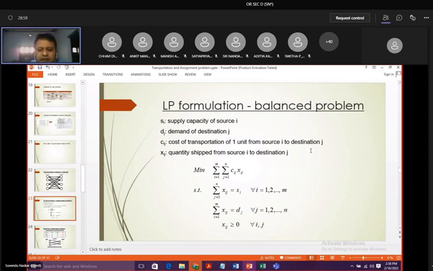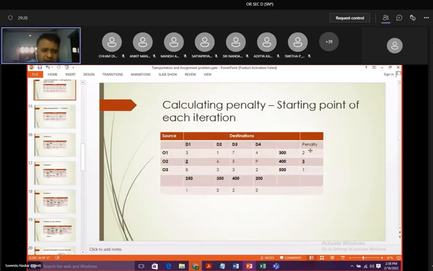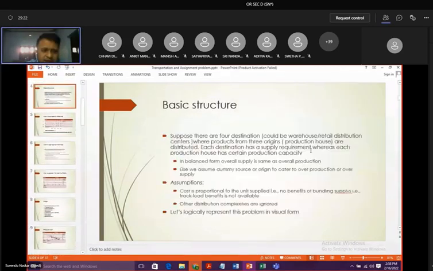The constraint is that all the amount supplied from source i should be exactly equal to what it is able to produce. All the amounts delivered to destination Dj should be exactly equal to what it is able to absorb. Let us first look into the problem.